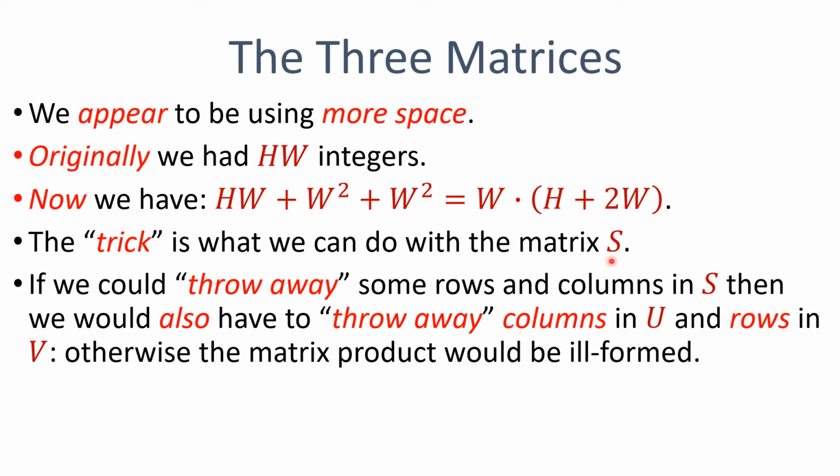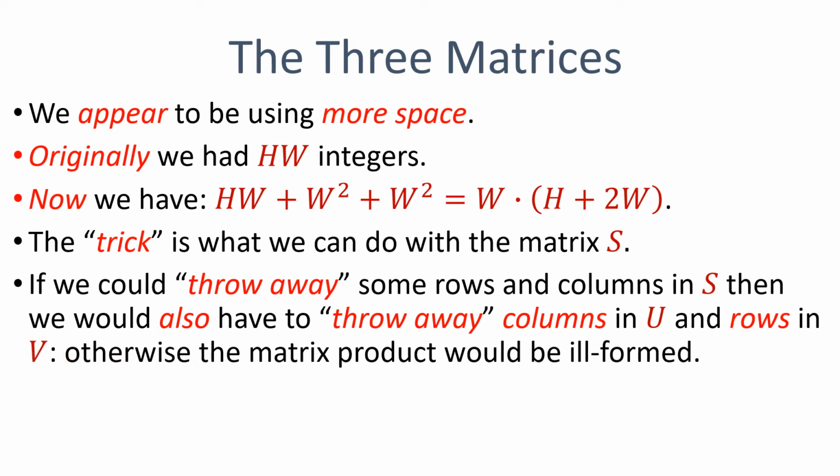However, we're carrying out a matrix multiplication. So if we throw away rows in this matrix, then we are forced also to throw away columns in our first matrix. And if we throw away columns in our middle matrix, we're forced to throw away rows in our last matrix.